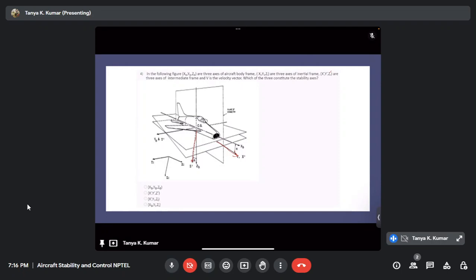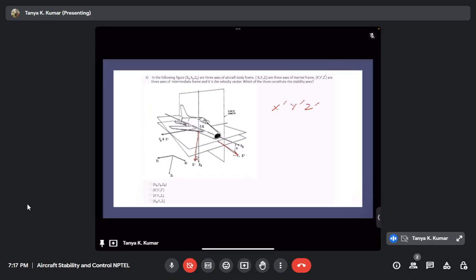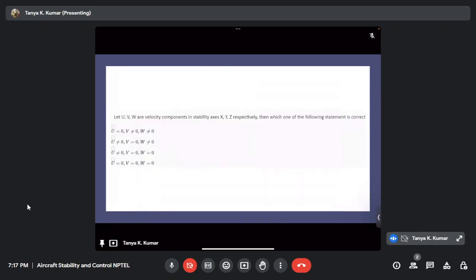So what is the stability axis? x dash, y dash, z dash. Is this clear? Is there any doubt? Anything aligned with the velocity axis is the stability axis, right? So it is x dash, y dash, z dash. Okay, now let's go to the next question.